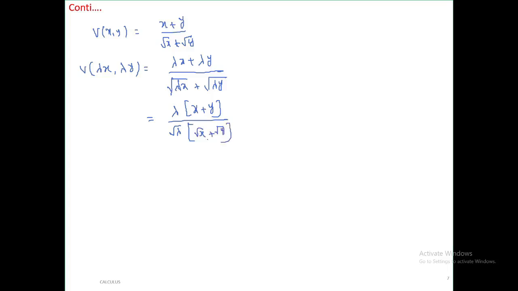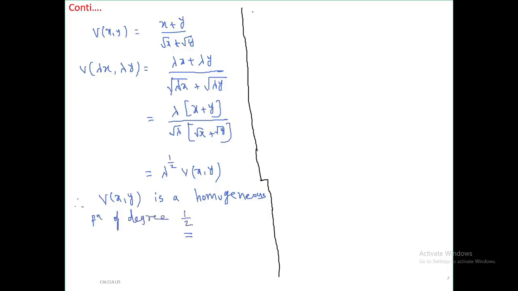So finally this will be lambda power 1 by 2 times v of x comma y. Therefore v of x comma y is a homogeneous function of degree 1 by 2.